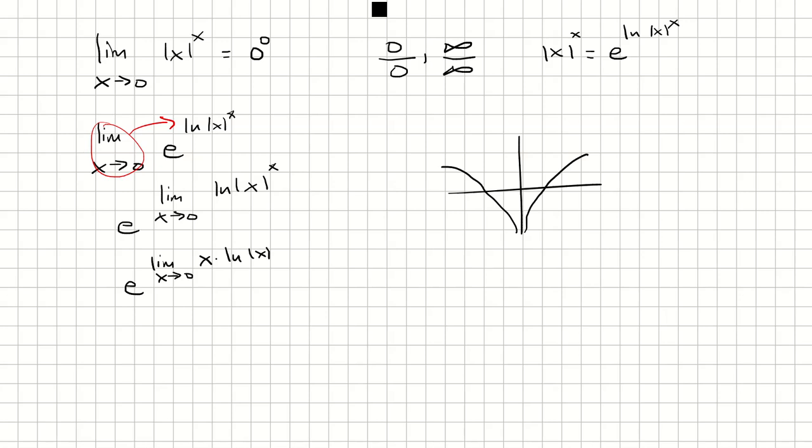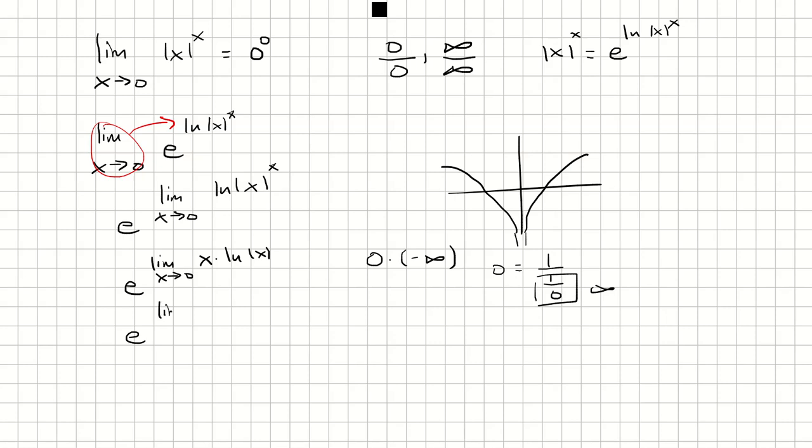So as x approaches 0 from both directions, it's going down to negative infinity. So here we have basically 0 times negative infinity. The trick here is we'll make 0 equal to 1 over 0.